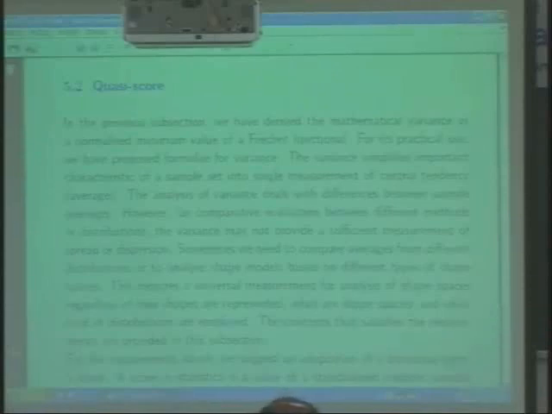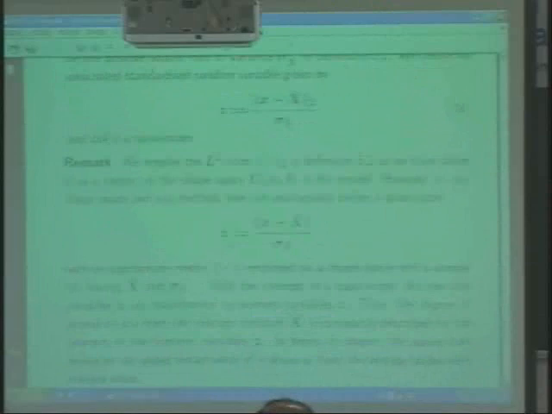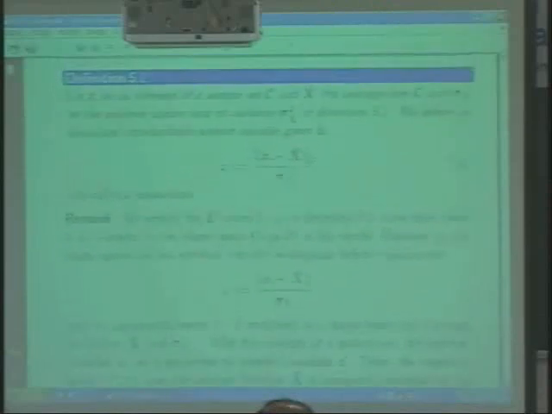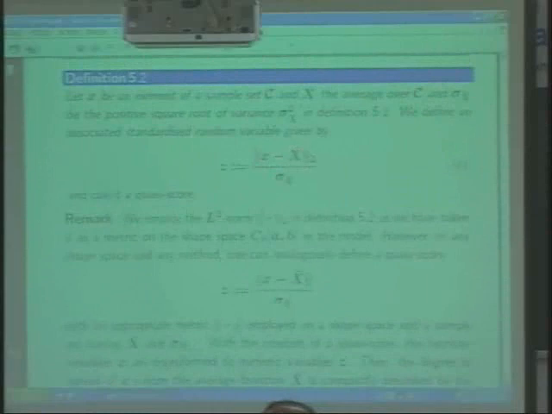So I made a quasi-score instead. Using the variance, we can define the quasi-score. This X is an element in our sample set. This X bar is our average, just defined in section 2, and variance defined in section 4.